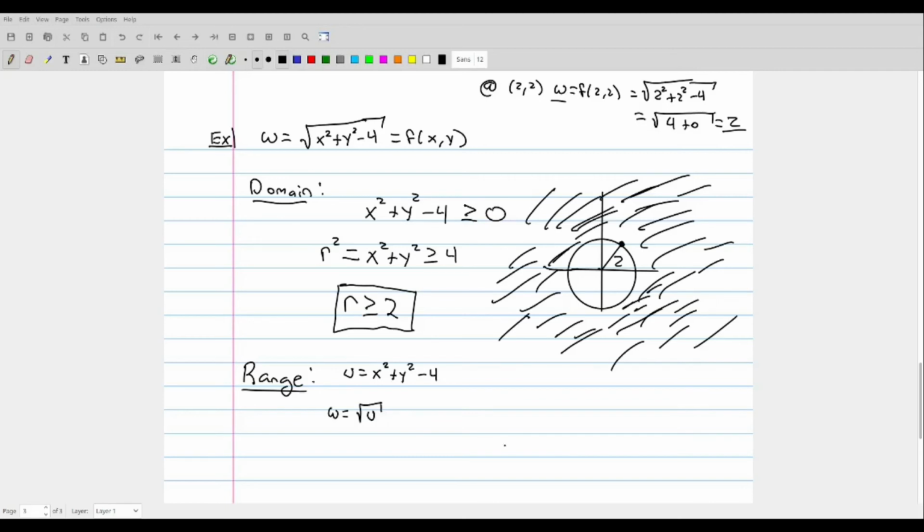And the square root function for u is only defined when u is positive. And specifically, it looks exactly like this.